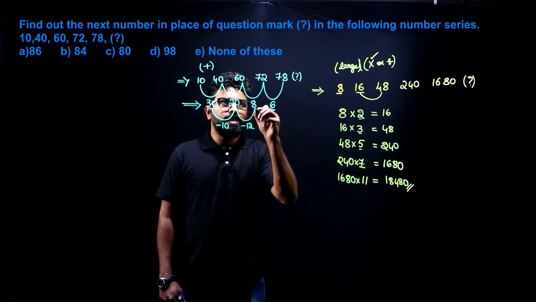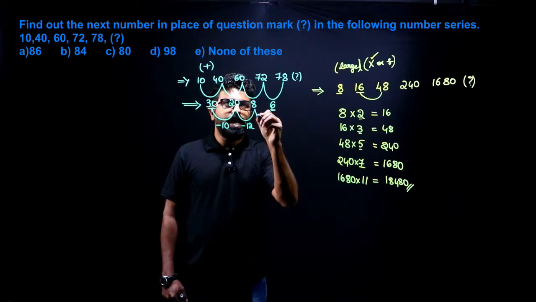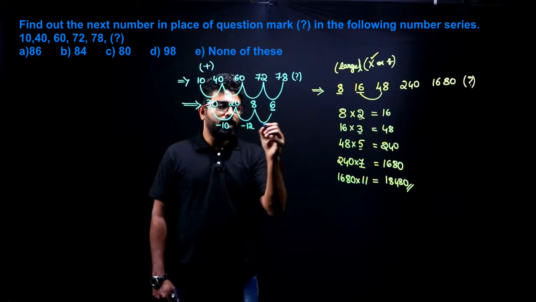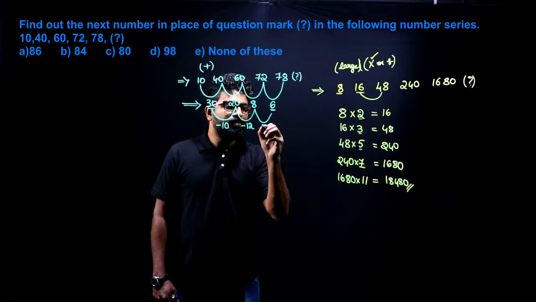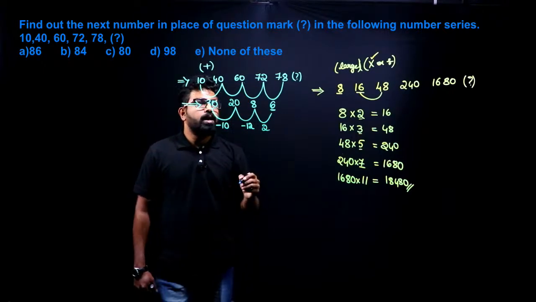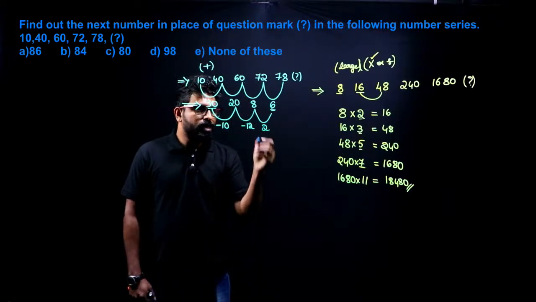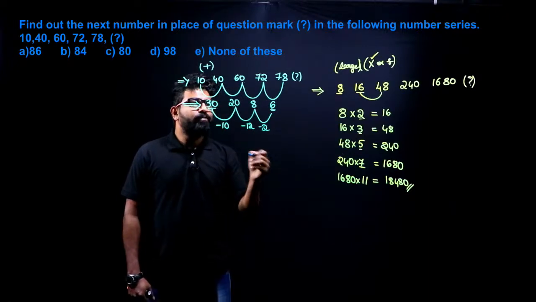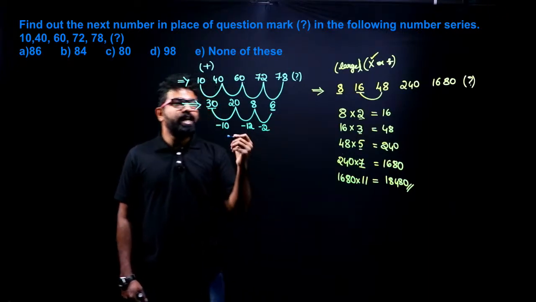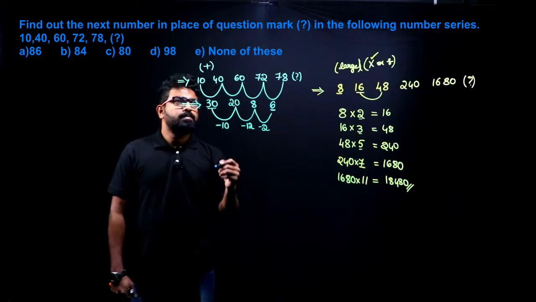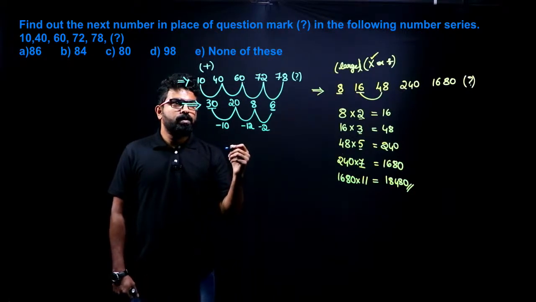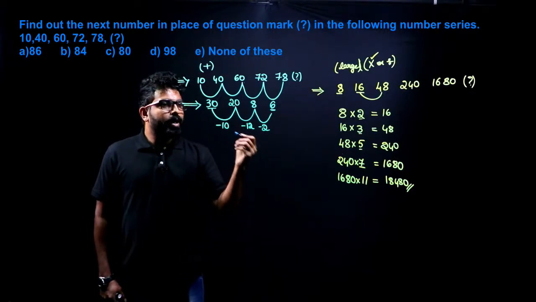So 8 to 6, my next difference here is minus 2. Do I find any logic here?